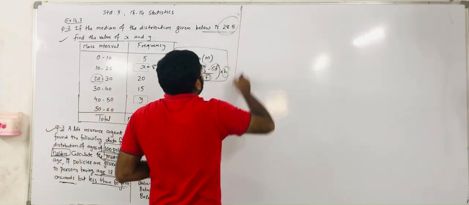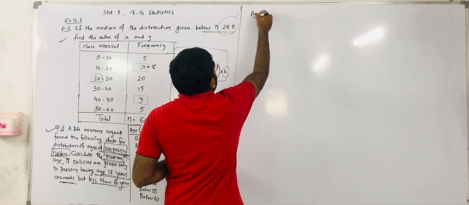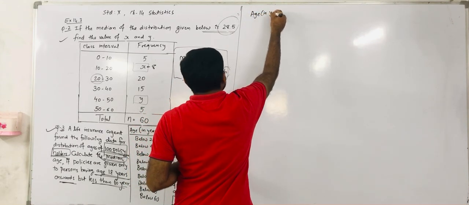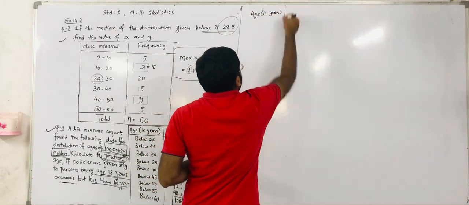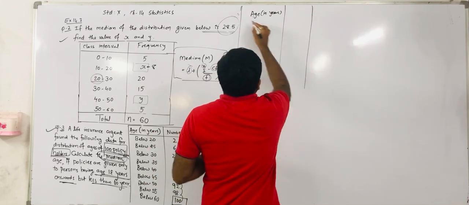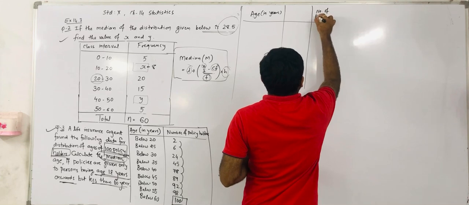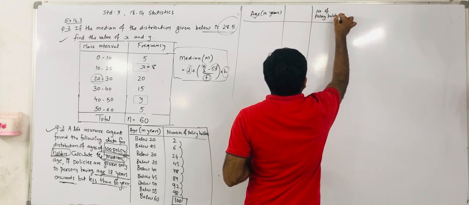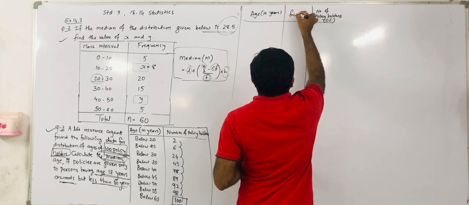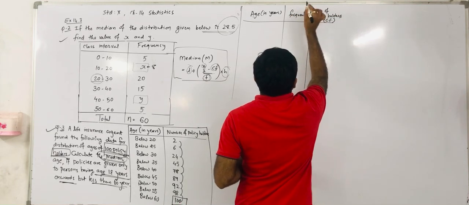Here, we write ages in years, and as I told you, the cumulative frequency is given in number of policy holders. This is our cumulative frequency, not a frequency, and here we write the frequency.